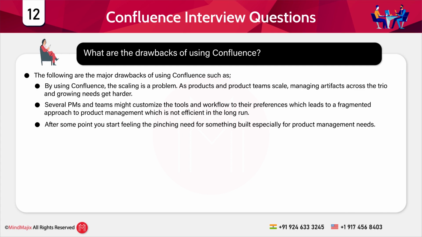So the problems keep on evolving, right? If you do not give deep diving details of this one, after some point, you start feeling the pinching need of something built especially for project management. So once the process is reiterating itself, it feels like something new needs to be built, especially for the product team's needs.